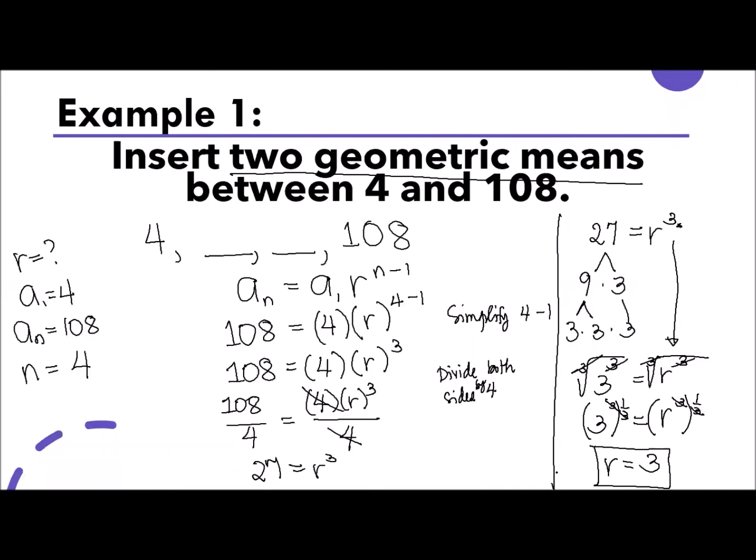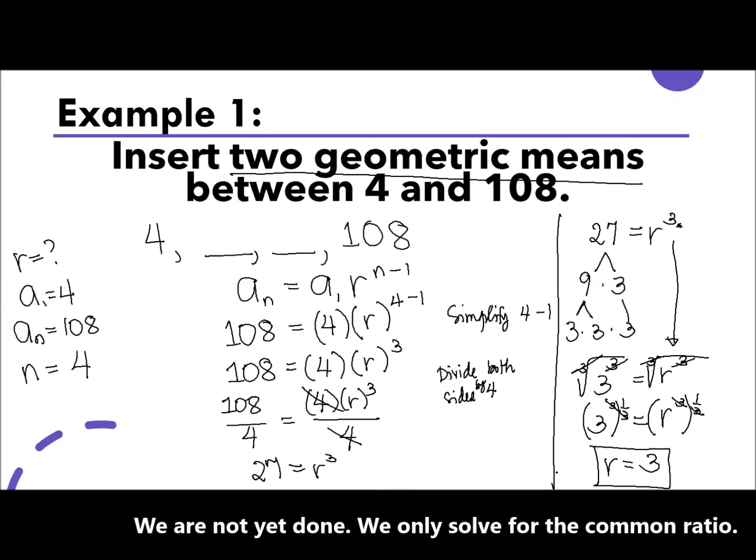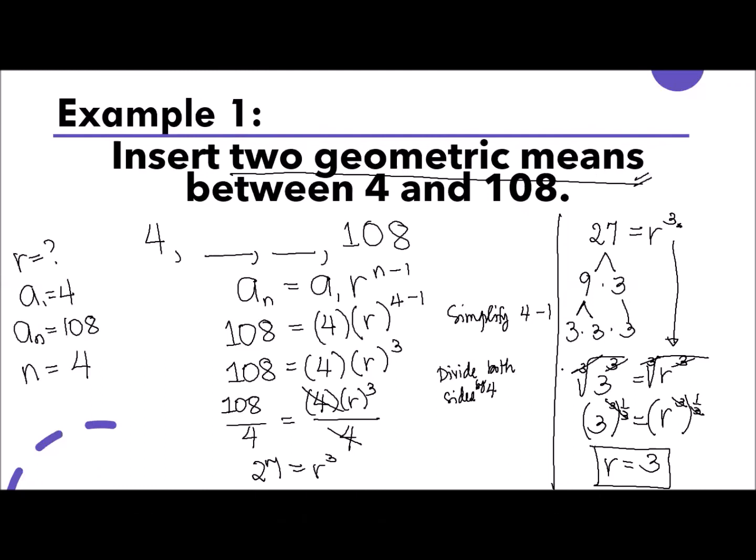But are we done? Not yet. Kasi ang hinahanap naman talaga is the two geometric means, not only the r. So, we're going to the right. So, 4 times 3, the answer there is 12. And then, multiply again by 3, so that is 36. Then, we could still continue for us to check kung talagang 108 ba ang kasunod.